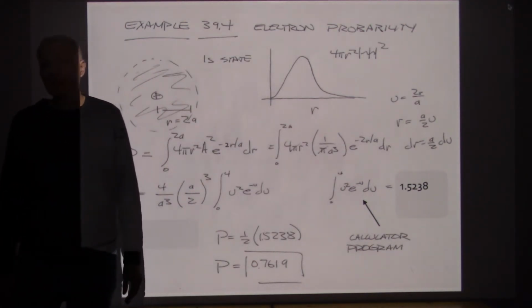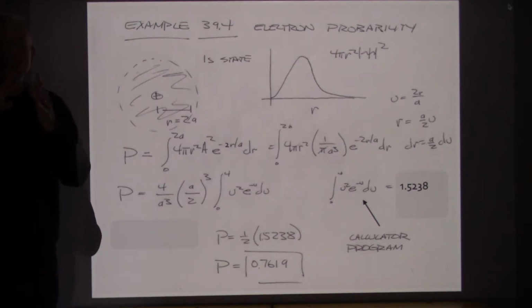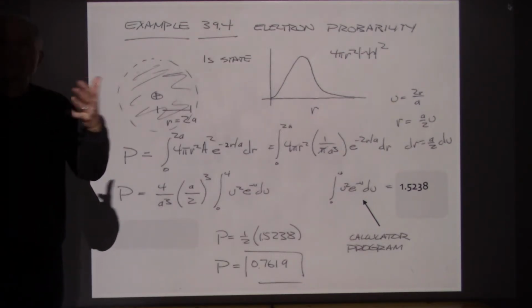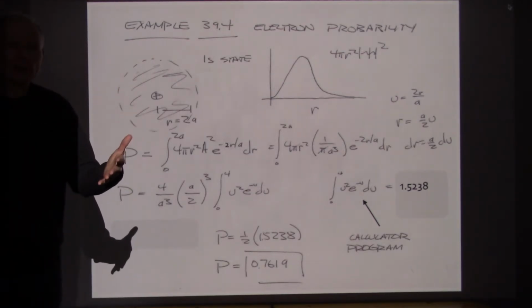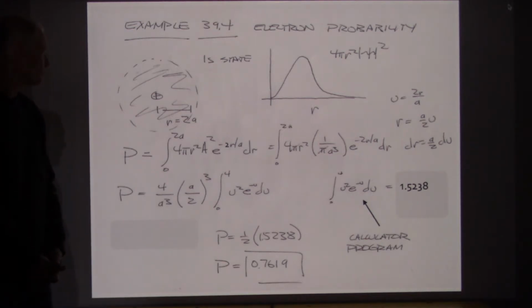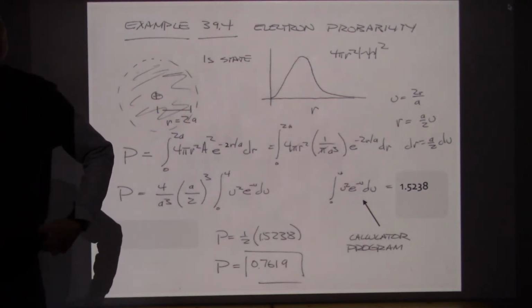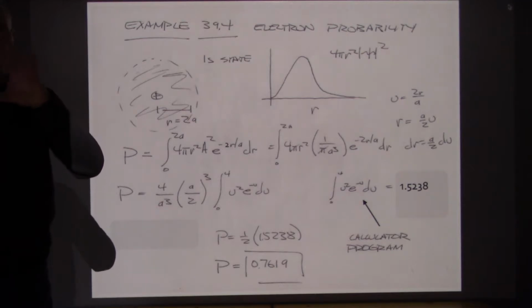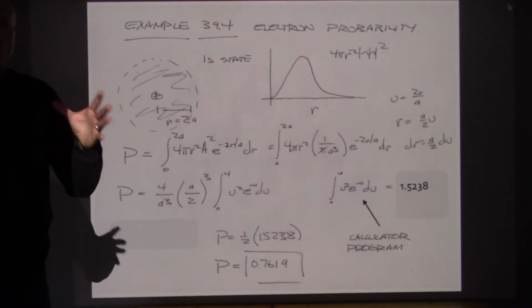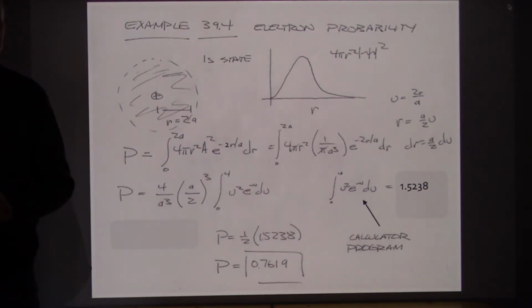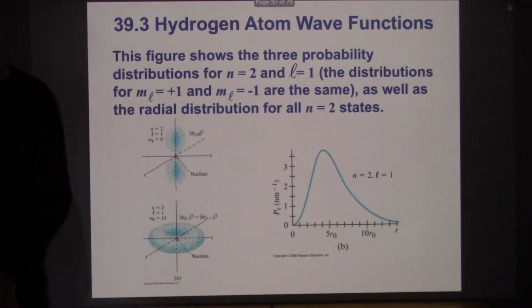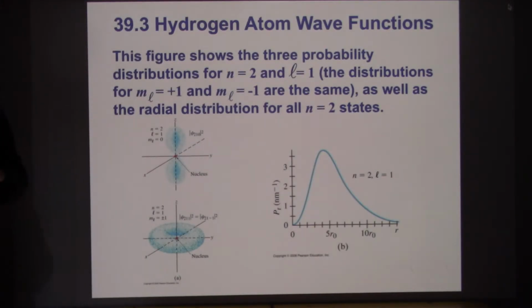So about 76% of the probability in the 1s state in hydrogen is within 2 Bohr radiuses. And that says that 24% is beyond 2 Bohr radiuses. So that's kind of interesting. We think of the Bohr radius as representing the size of hydrogen, but 24% of the electron probability extends beyond that distance.